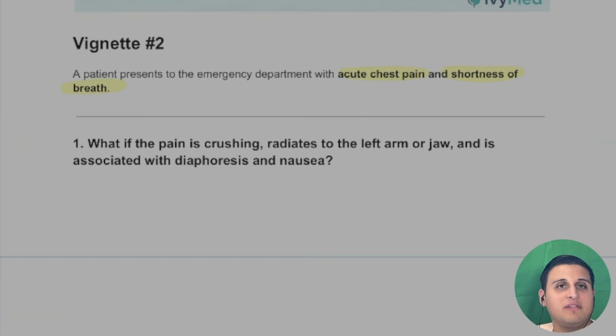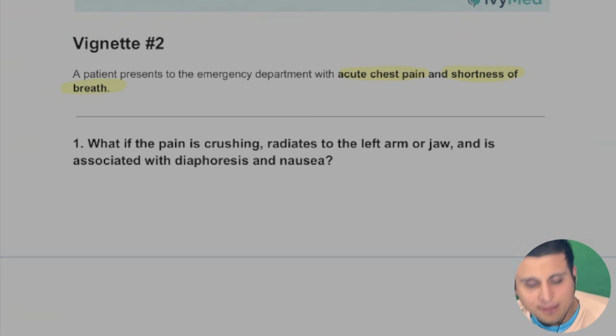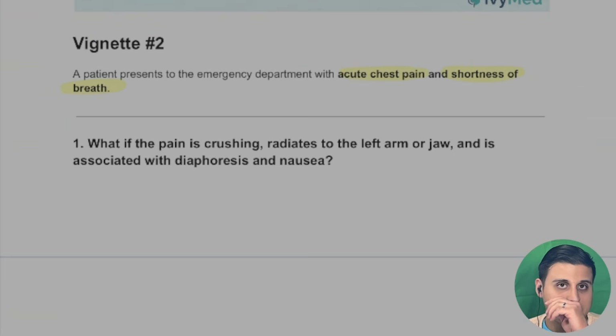And then all of a sudden the red flags start to go off and you're like, "Okay, this is like a 72-year-old gentleman. Am I going to have to figure out how to code someone today?" And then you're like, "All right, is the pain reproduced when I percuss or palpate the chest, that kind of thing?" And if they say yes, it's more likely some sort of costochondritis. All right. So that's the big thing. But I'm kind of going off topic a little bit here.